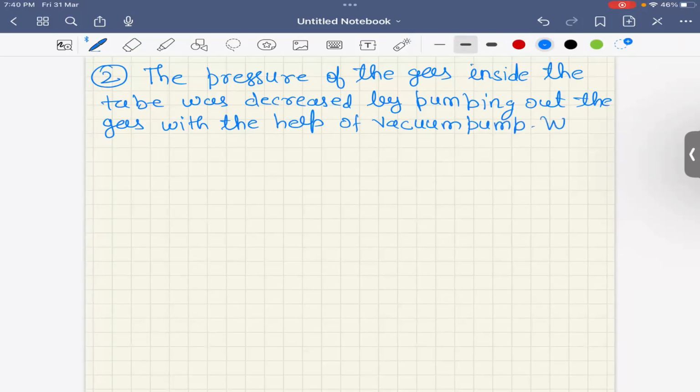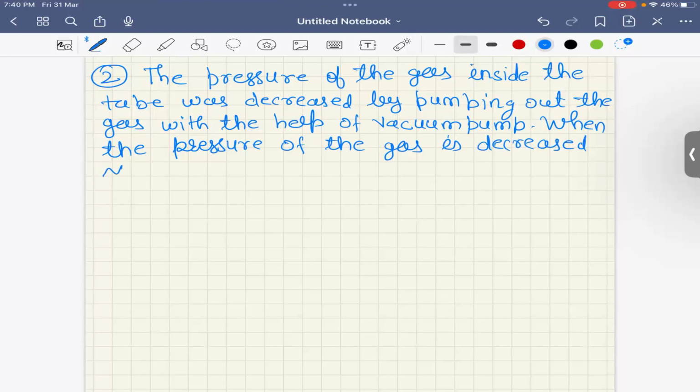Okay, so when the pressure of the gas is decreased to approximately around 10 to the power minus 2 atm, which is nothing but 1 to 10 mm of Hg.